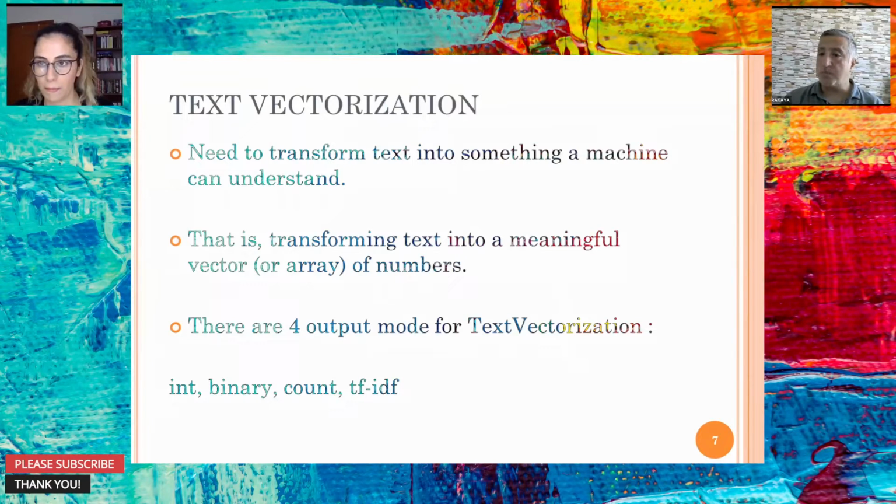You can do this with Python, right? Yes, by applying Python string operations. Or you can do this with the Natural Language Toolkit library, right? There are many ways to handle text preprocessing. But here we are going to use the Keras text vectorization preprocessing layer. It is a layer.